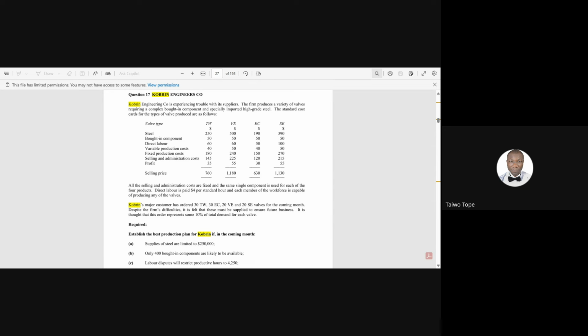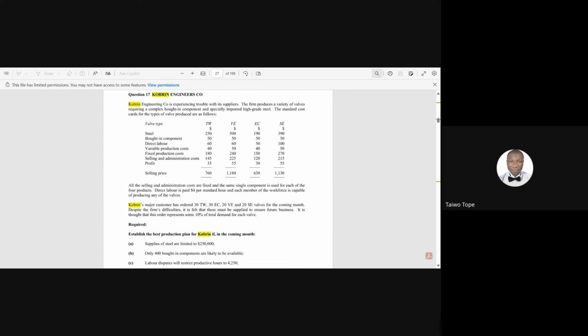That is it. They will always test your ability in this regard. They will give you the overall money you spend on 1 unit. They will now give you the cost of 1 hour. So 60 divided by 4 will give you the hours used to produce 1 unit of TW.